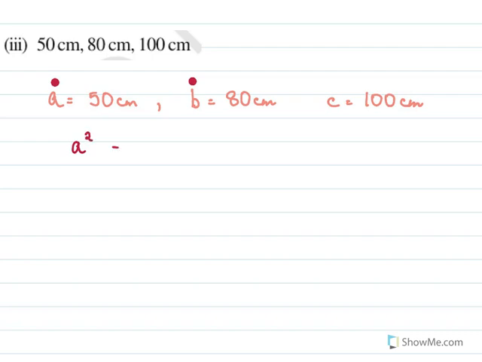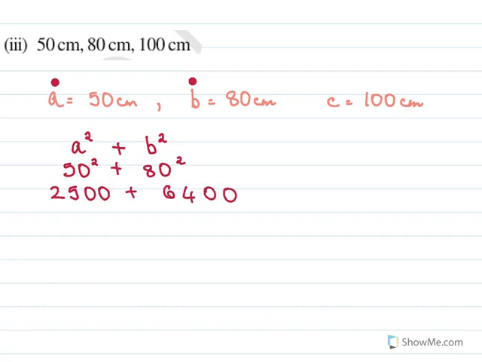So we have to find A square plus B square. So A square is 50 square, 2500, B square is 80 square, 6400.